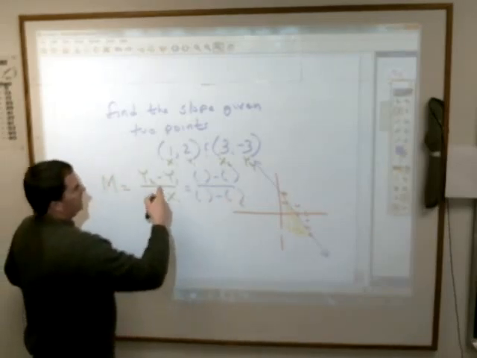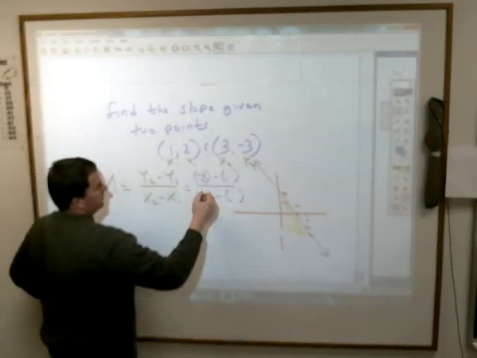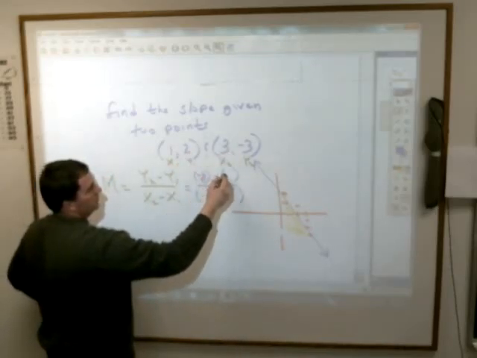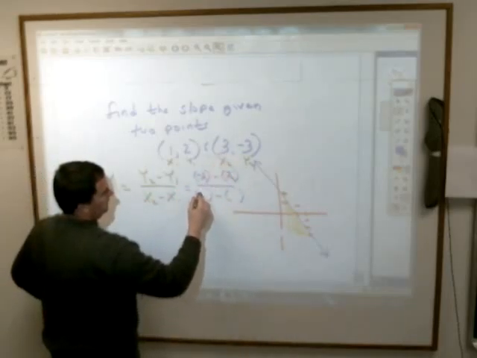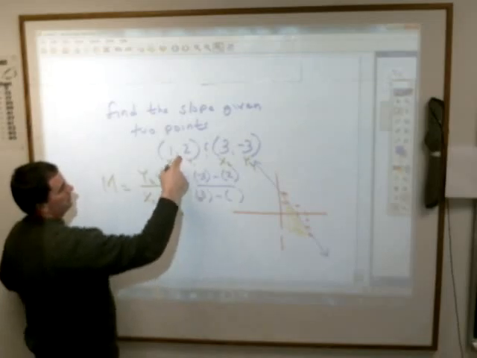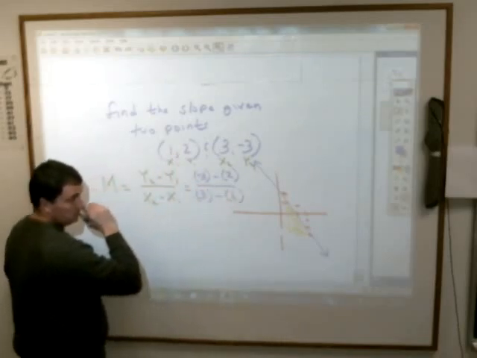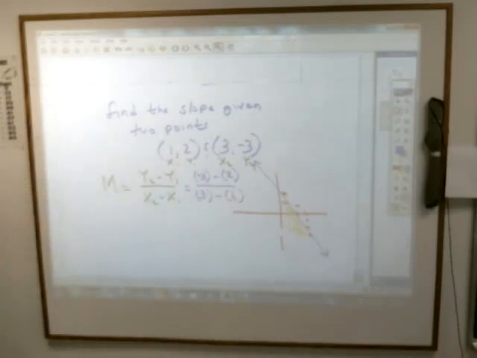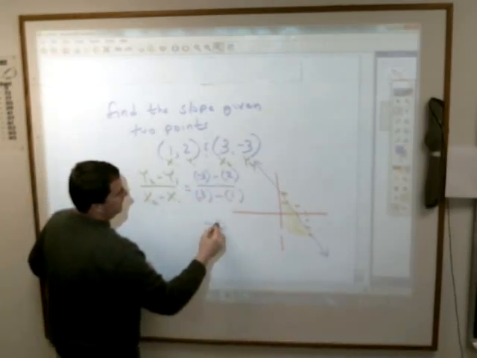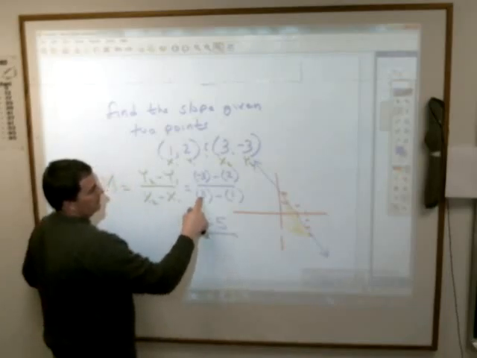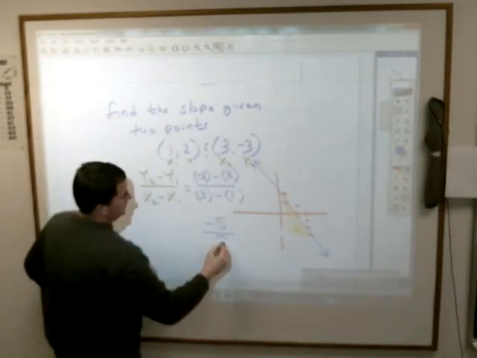So y sub 2 is negative 3 minus y sub 1, which is 2. X sub 2 is 3 minus x sub 1, which is 1. And once we do this problem, negative 3 minus 2 is a negative 5. And 3 minus 1 is 2.